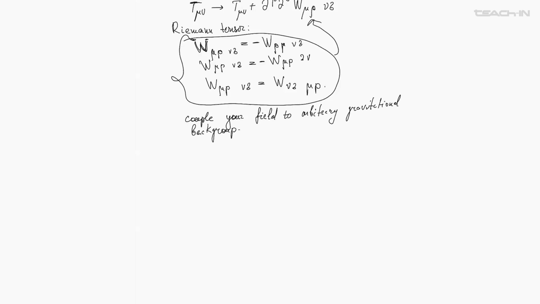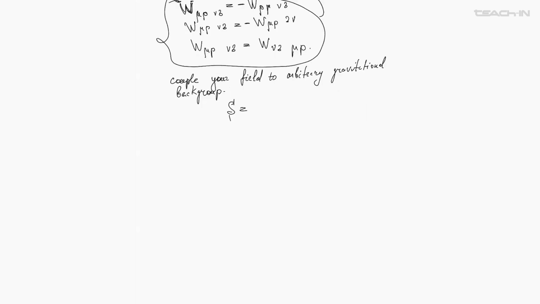Then the action has the standard form. Say in 4 dimensions it would be the integral of the Lagrangian density. And the Lagrangian density, in addition to the field you are considering, also involves the space-time metric g mu nu. Let me denote the determinant of this metric by the letter g.